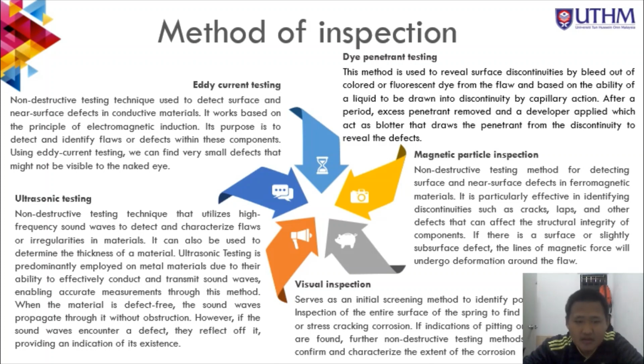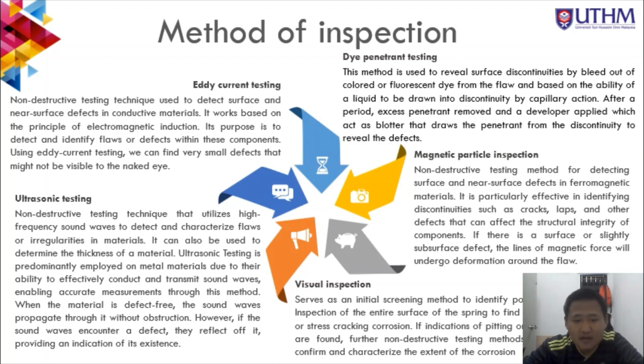There's also ultrasonic testing, a non-destructive testing method that utilizes high-frequency sound waves to detect and characterize flaws or irregularities in material. It can also be used to determine the thickness of a material.